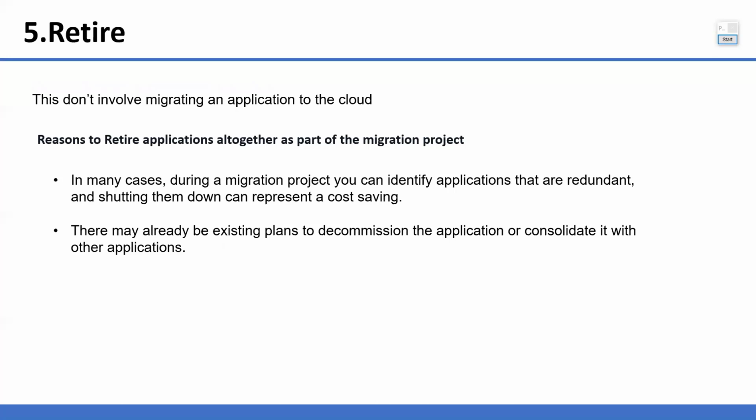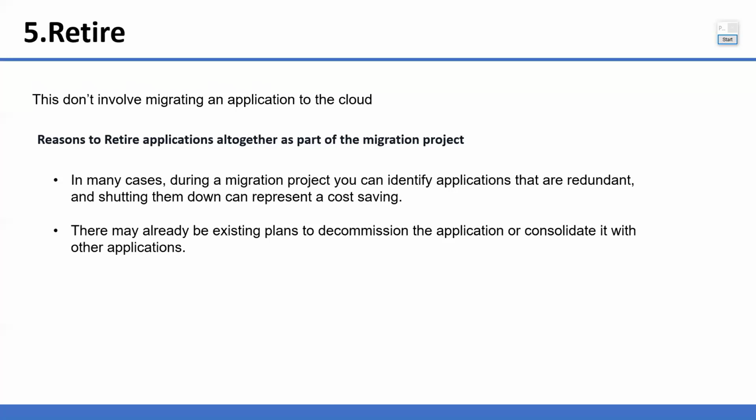Fifth strategy is retire. This strategy does not involve migration of any existing application to the cloud. It talks about retiring certain applications, and there may be various reasons to retire an application before or during the migration.